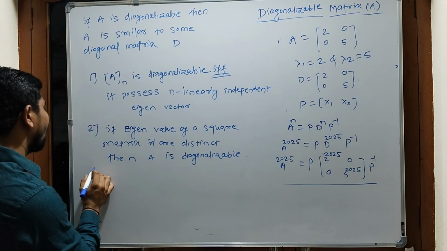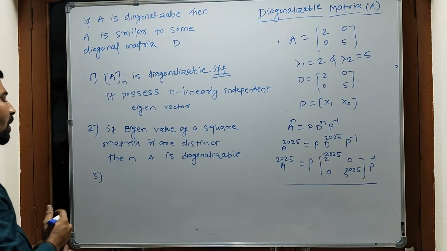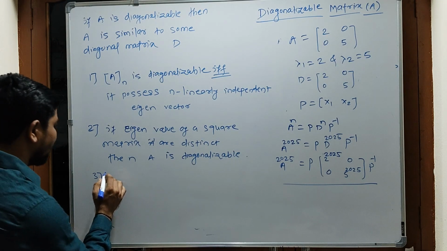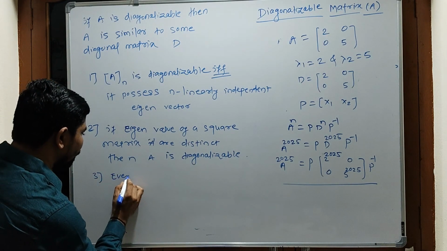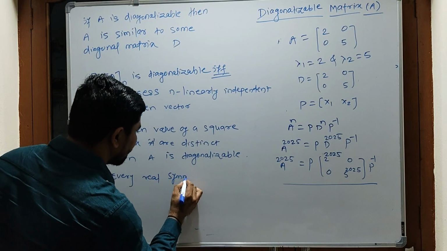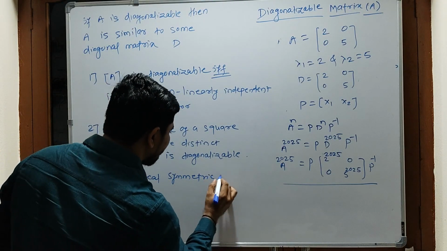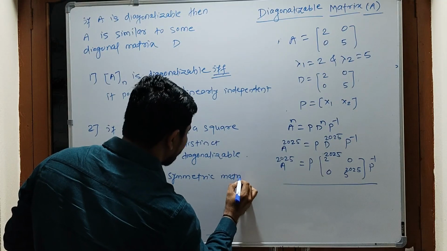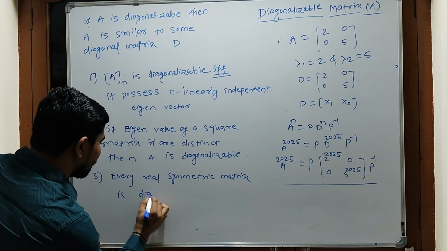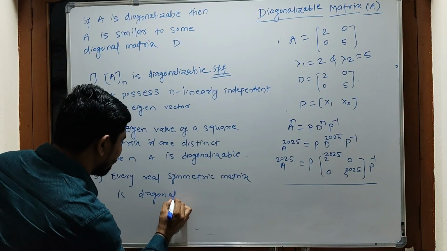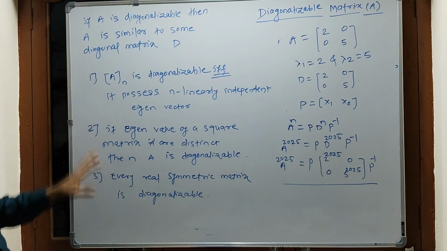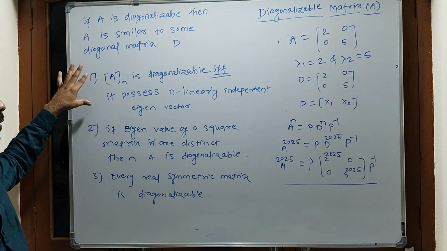And third, every real symmetric matrix is diagonalizable. So these are some results, and I will not prove them here.